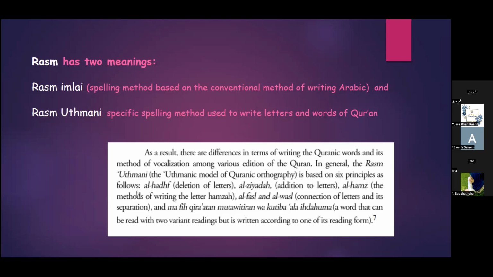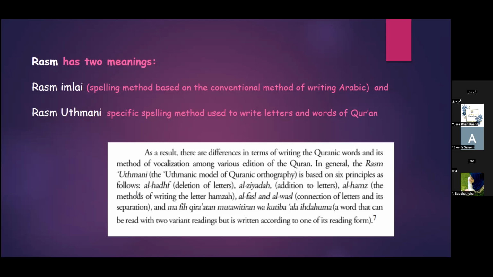Then we have Al-Fasl and Al-Wasl, meaning connection of letters and its separation. For example, you have the word An, Ma, Ain, Noon, and Mim, Alif. You delete the Noon and make it like the word Amma. So you deleted one letter which was actually in there. Then there is a word that can be read with 2 variant readings but is written according to one of its reading forms.